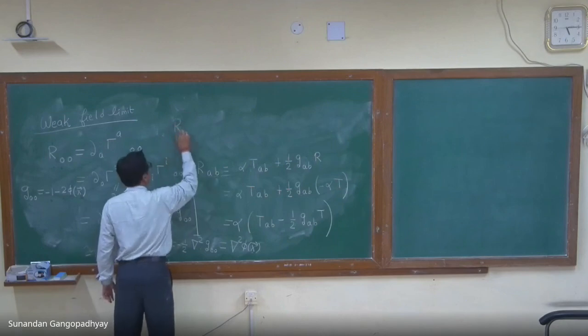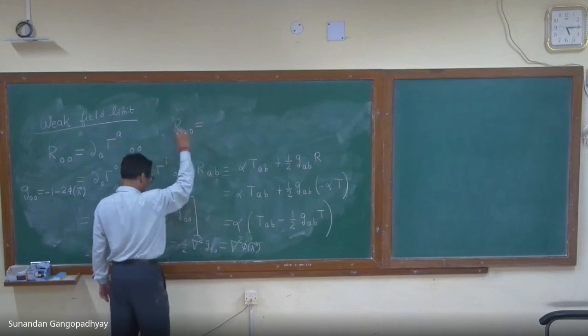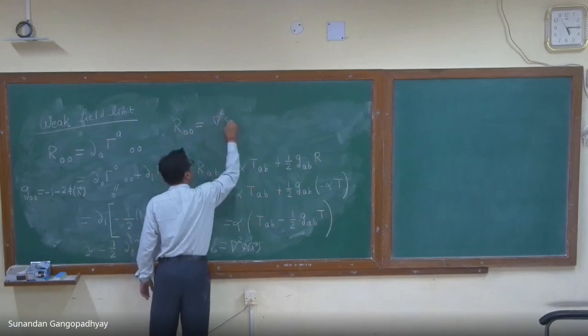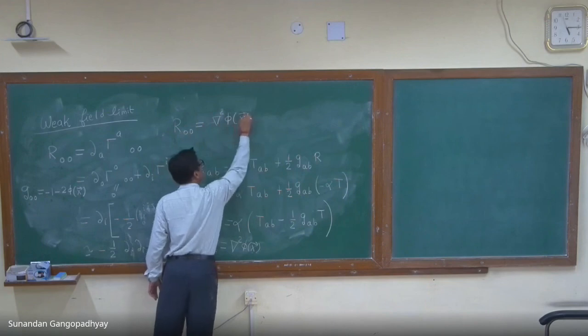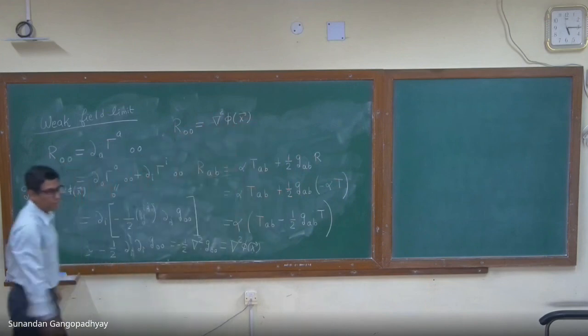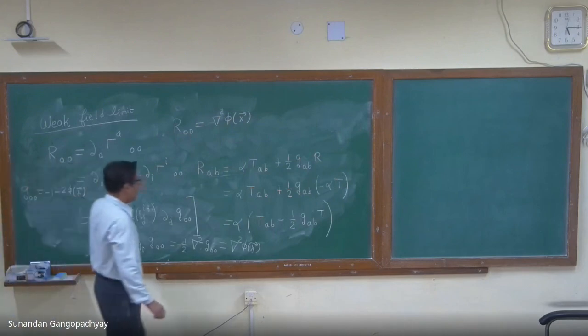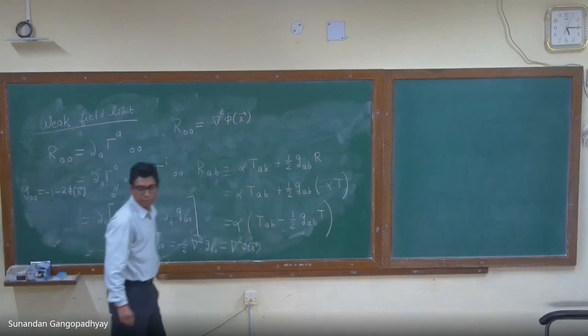We have R00 is equal to minus Laplacian of x. That is what we have got. This is our proposed equation.